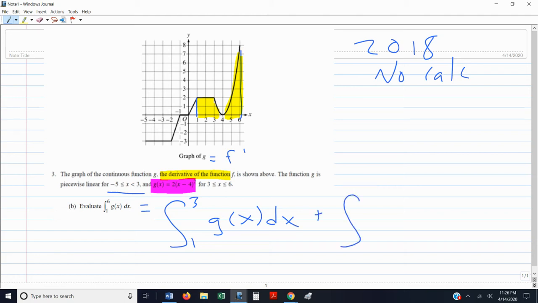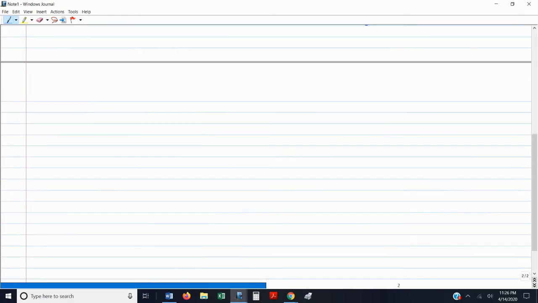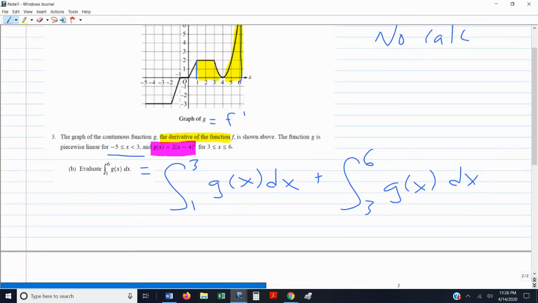When we continue and go from 3 to 6, that area is going to be different because we're working with the parabola and we don't have a geometric formula to give us that area. So we're going to split this integral into 2 pieces, first from 1 to 3 and second from 3 to 6. And the next question I have for you is to find that area from 1 to 3.